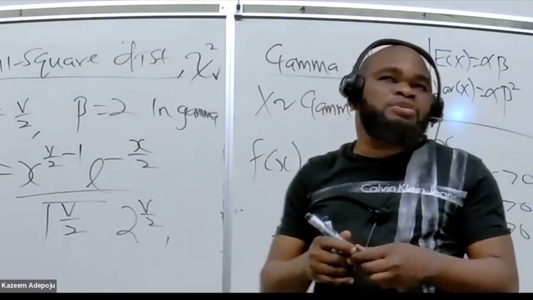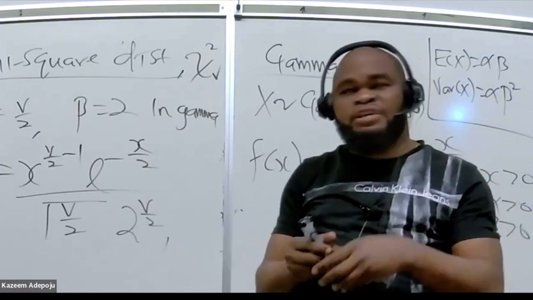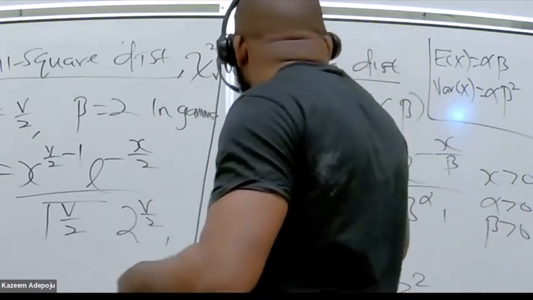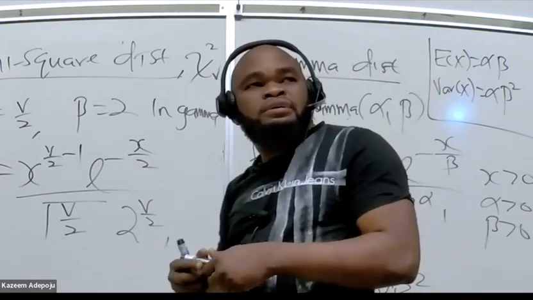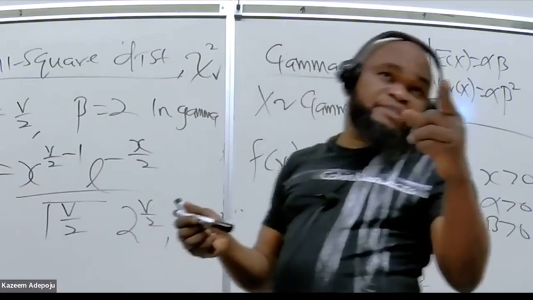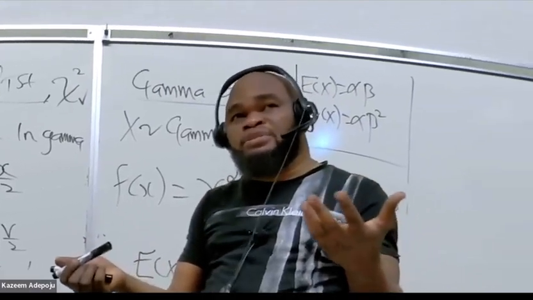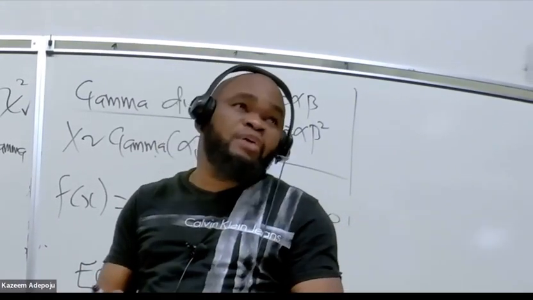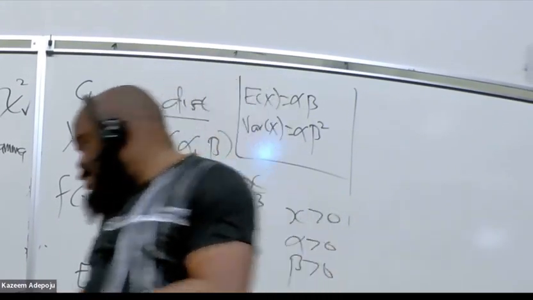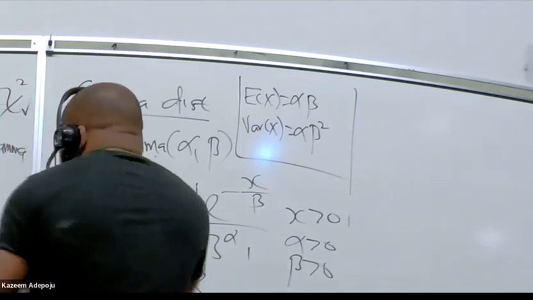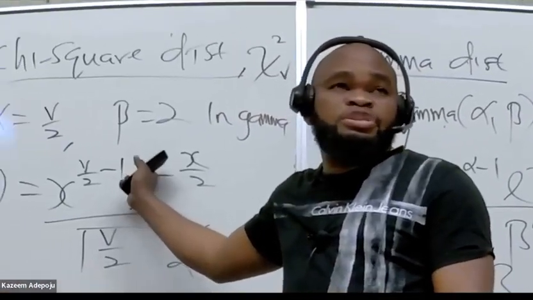Okay, so the origin of chi-square was actually traced to gamma. And not only that, when I square Z, a standard normal variable, that will give me a chi-square too. Now, I told you what we use this distribution for.